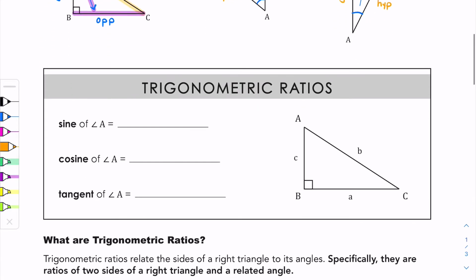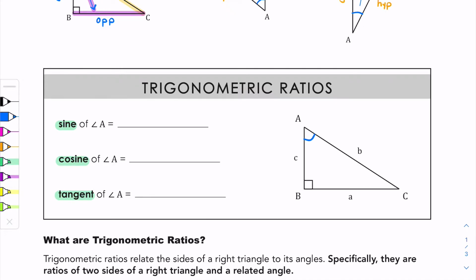Let's look at what trig ratios actually are. There's 3 trig ratios. We pronounce them as sine, cosine, and tangent. For all 3 of these trig ratios, we're going to use this triangle as our model. And for all 3 of them, we're focusing on angle A. Angle A is located here.